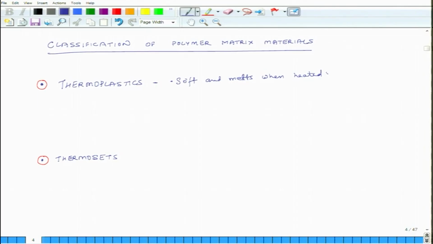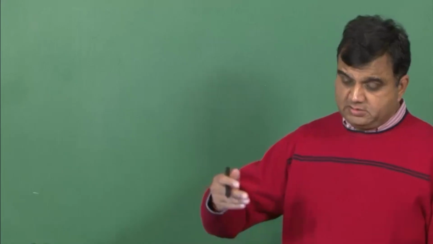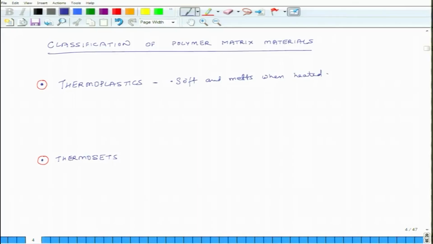This is one important thing about thermoplastics. They become soft and then eventually they melt when they get heated. And then if you cool it, again it will solidify and become stiff.